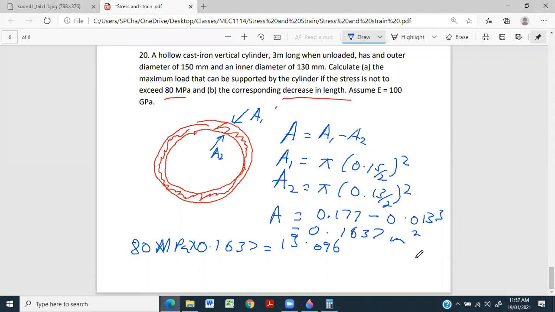Okay, so let me check what the answer is. It times 0.1637.